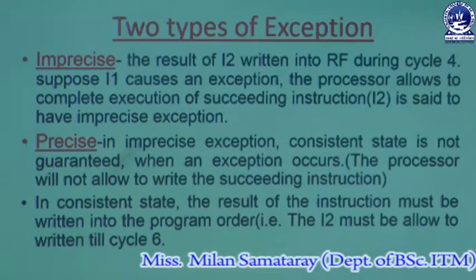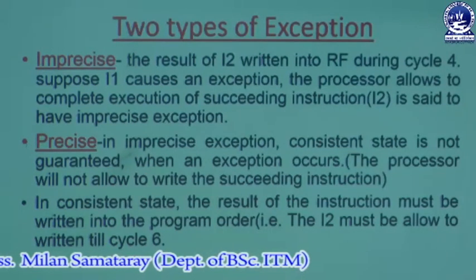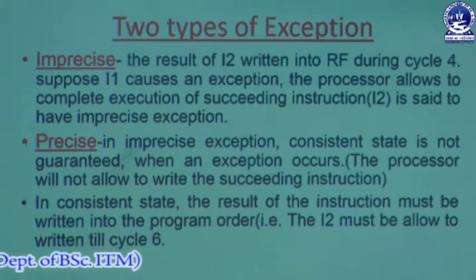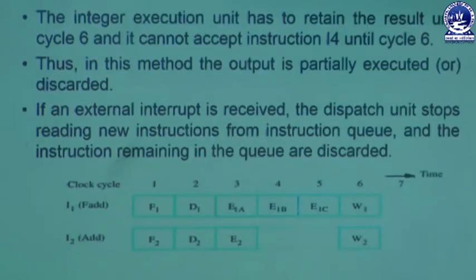So, if an exception occurred, then the instructions must be written in program order in a consistent state, and I2 must be allowed to write till clock cycle 6, and then the integer execution unit has to retain the result until clock cycle 6, and it cannot accept instruction I4 until clock cycle 6.